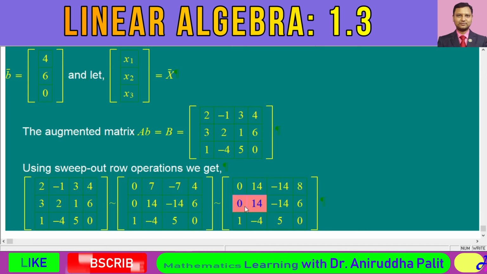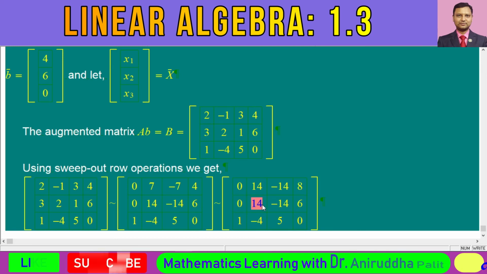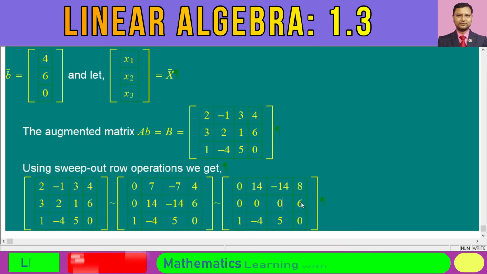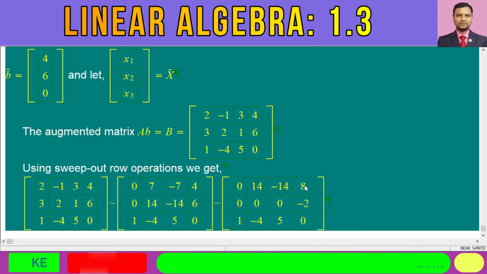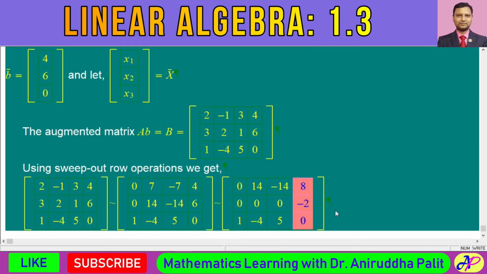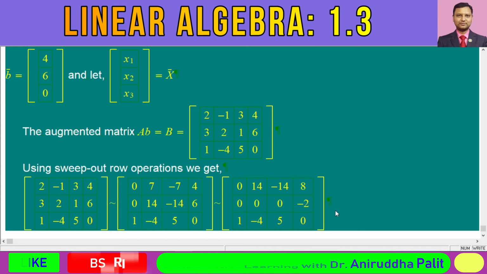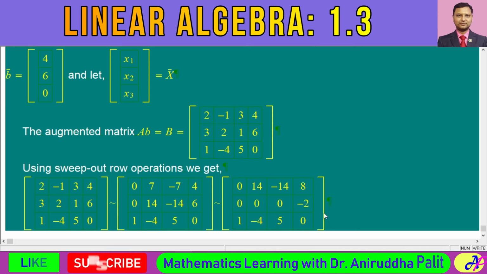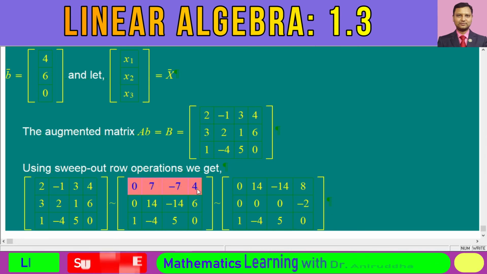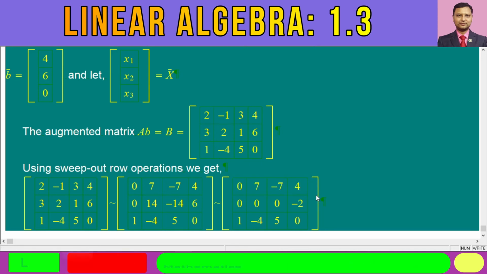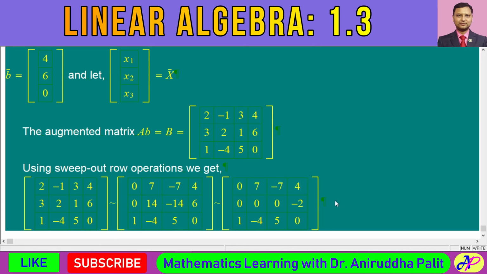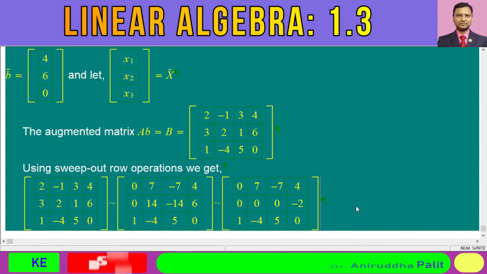So after subtraction, this expression would be equal to 0. This is again 0, and after subtraction we will have minus 2, and that is a problem over here, because I did not consider the right hand side properly. What is the problem? Let's check the problem. And the first row was this. So I need to modify this right hand side a bit, so that the problem becomes consistent.